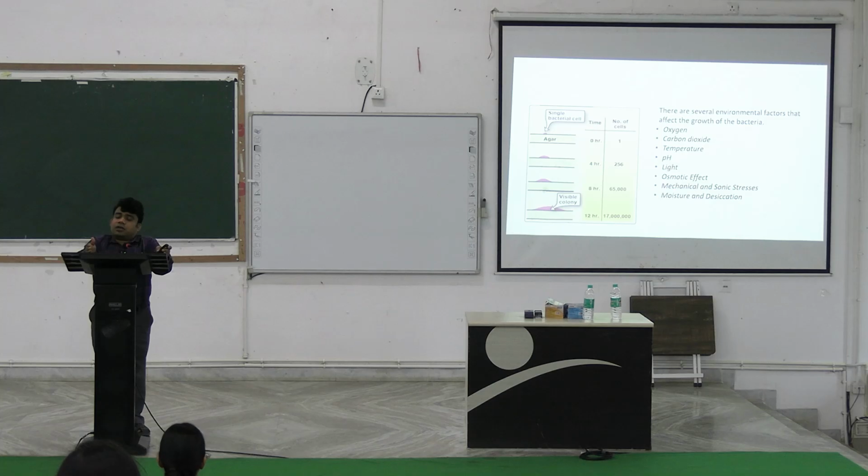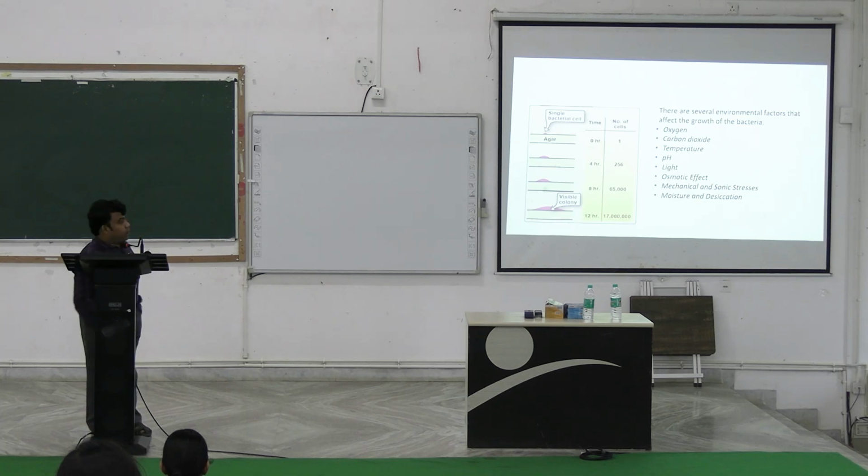There are some bacteria which survive in aerobic conditions and can also tolerate anaerobic conditions. Most of the bacteria causing human infections are of this type. They are called facultative anaerobes. So based on this, we can divide the bacteria into obligate aerobes, obligate anaerobes, and facultative anaerobes.